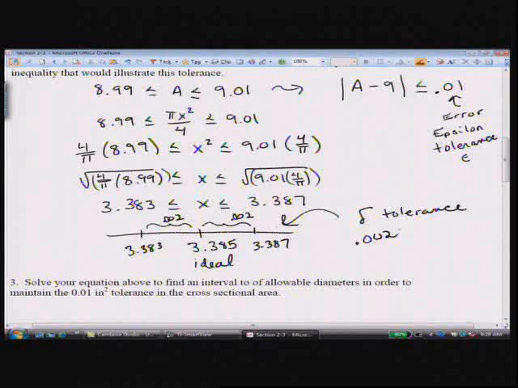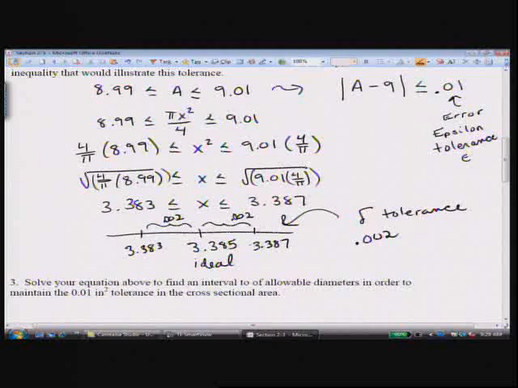Sort of? Okay, so if it had, through rounding, turned out that this distance from the ideal to either one of the endpoints was not the same, to be conservative, what would you do? Remember, you're instructing them on what you want the tolerance of the diameter cutter to be.